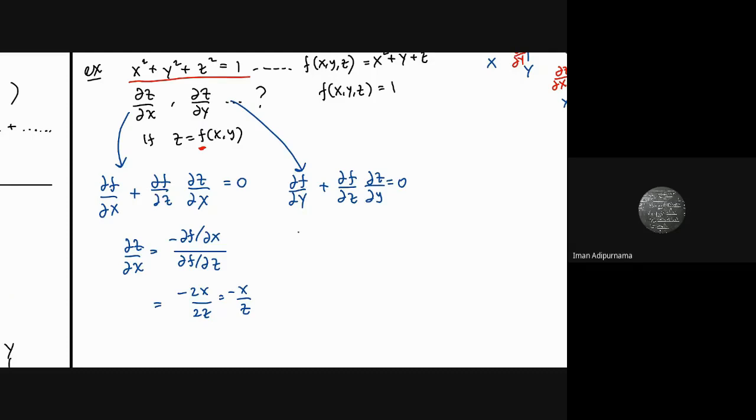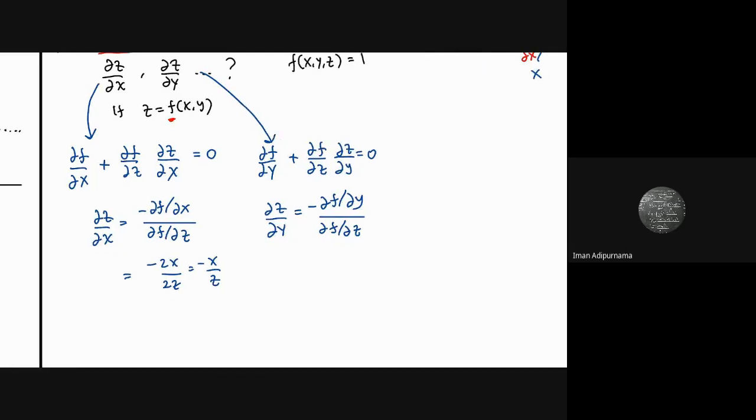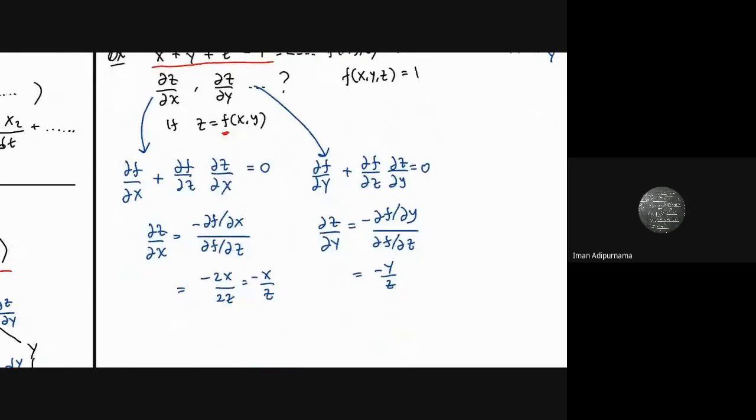And here we can isolate, and it will be negative y over z, based on these equations.